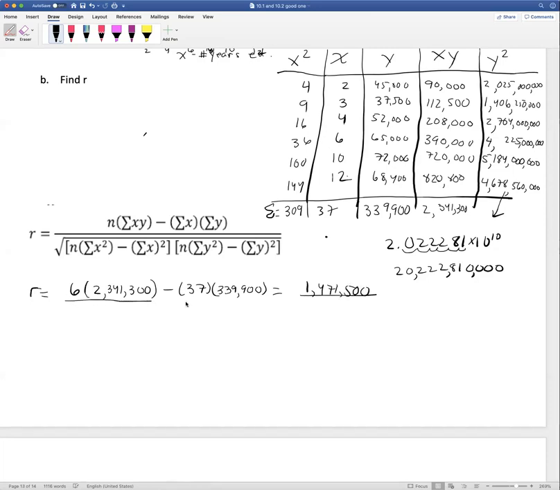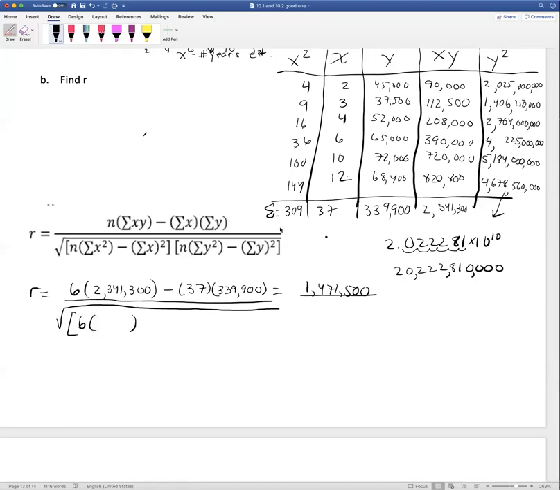Okay, denominator. Let's figure out what the denominator is. I'm going to double check my math on everything here because these numbers are big. I didn't even think about the largeness of the numbers. That one looks good. Okay, denominator. Lucky that we have computers that can figure out the correlation coefficient in about 0.35 seconds. N, once again, is 6.